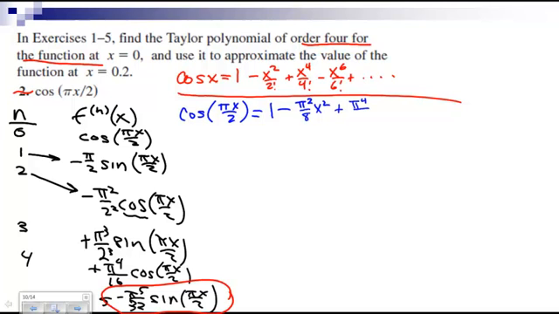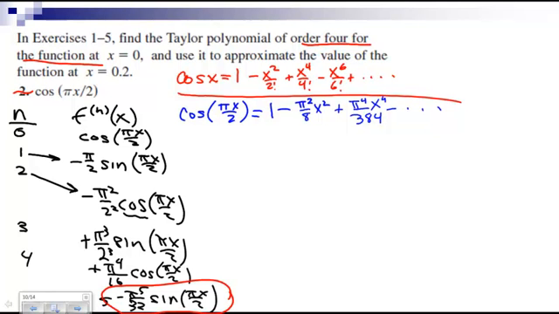Calculator. 384. Plus, minus, dot dot dot. You're doing too much. Swap the x. That's x times x to the fourth. Like that. Okay.